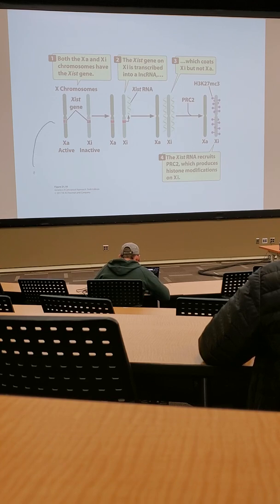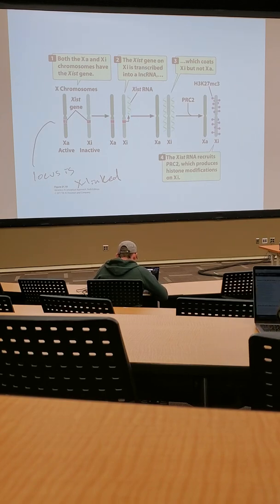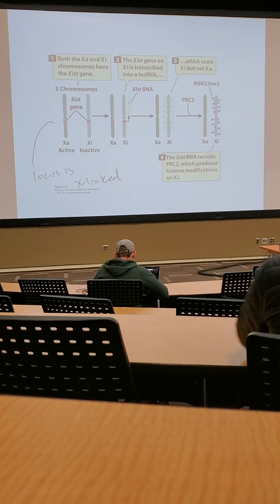So this locus is X-linked. I don't think it has to be X-linked. I think it's hard to do these experiments because they're only happening in kind of like vertebrates, but I think, I might be wrong, but I think you can change the location of this and still see the phenomenon.